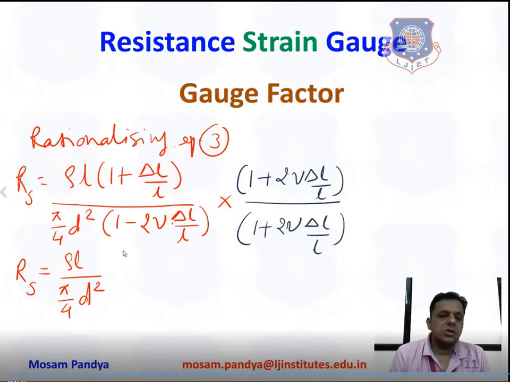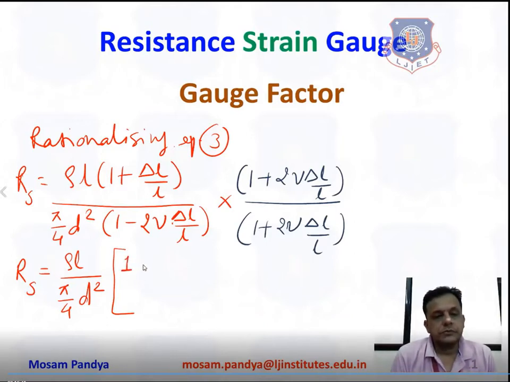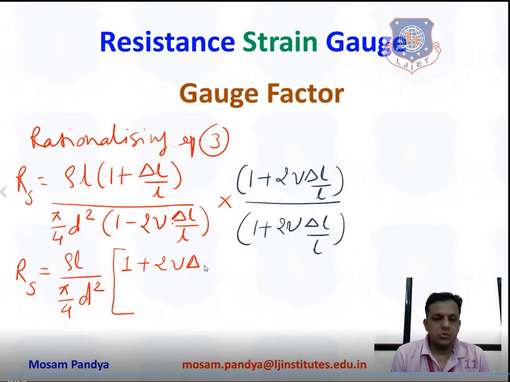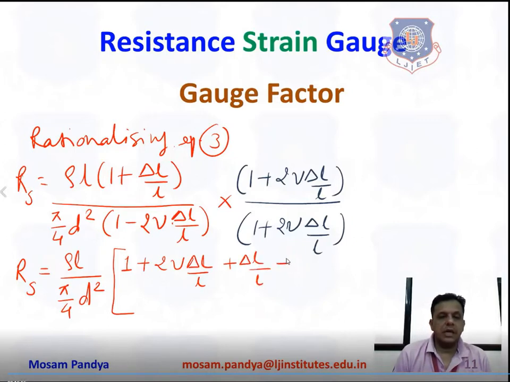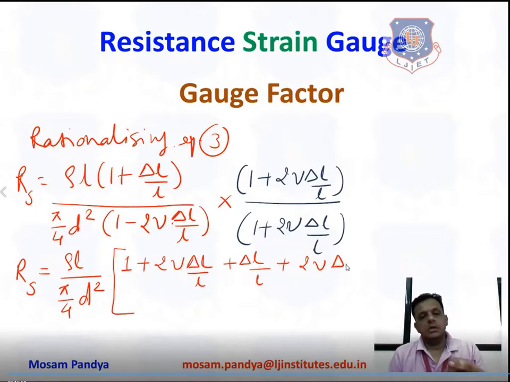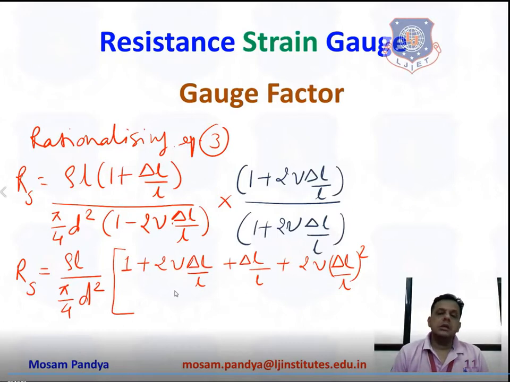So the numerator is taking place like 1 plus 2 mu into delta L upon L plus delta L upon L. Actually we are multiplying the two entire brackets of the numerator.